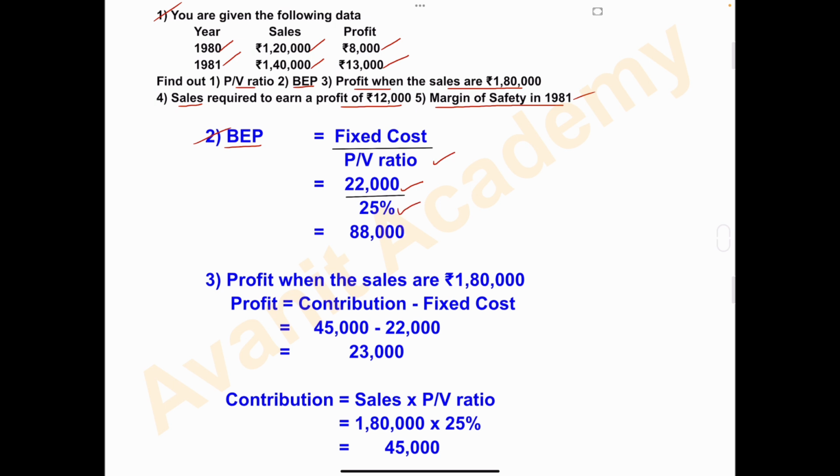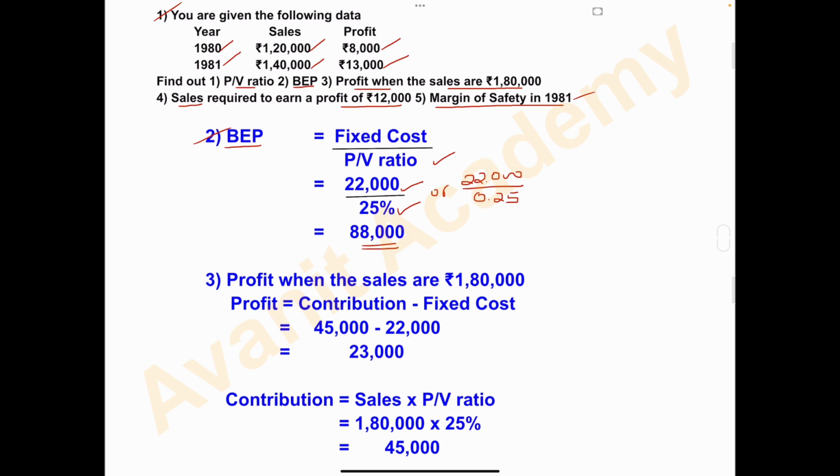In place of 25% you can take 0.25 also. Do the calculation: 22,000 divided by 25%, you will get 88,000. This is the BEP, break-even point.